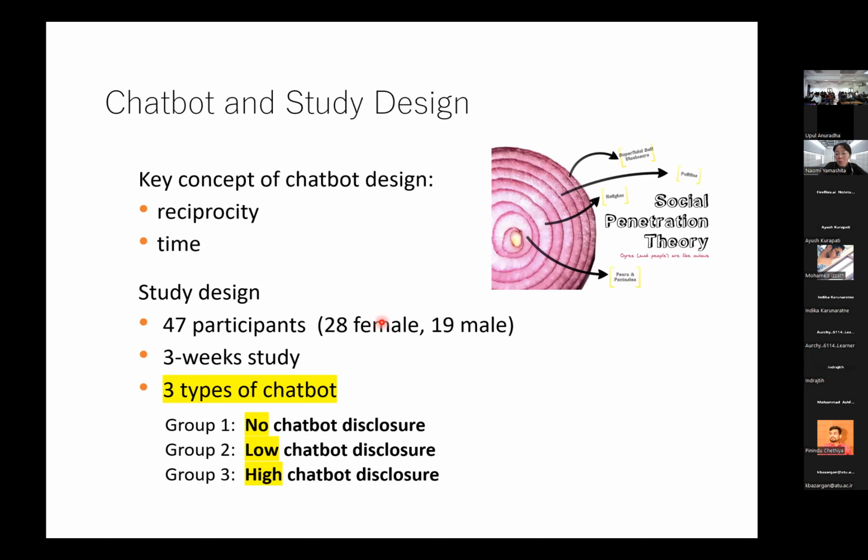And so based on this, we designed 3 types of chatbots, varying in the level of chatbot self-disclosure from no disclosure to high disclosure. And the study was a between subjects design. So we had 3 groups of participants, and each group used one type of chatbot.